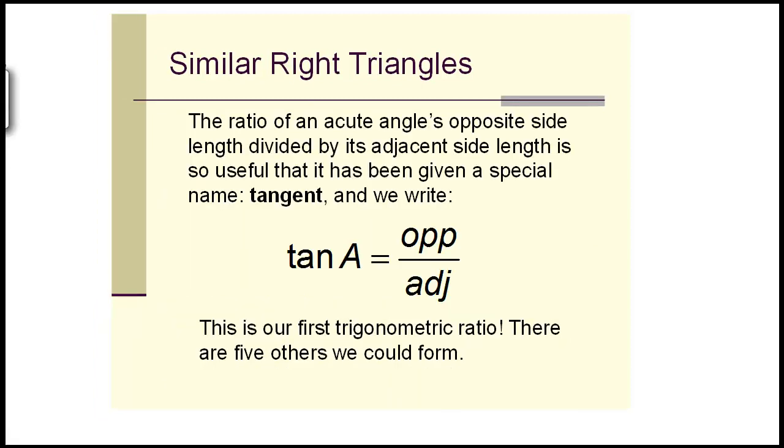The ratio of the acute angle's opposite side length divided by its adjacent side length is so useful that it has been given a special name called tangent. We write it as tan of the angle A, which is the opposite side divided by the adjacent side. This is our first trigonometric ratio. There are 5 others we could form.